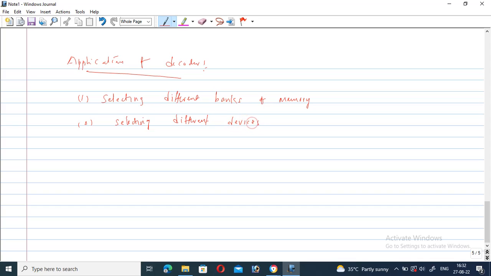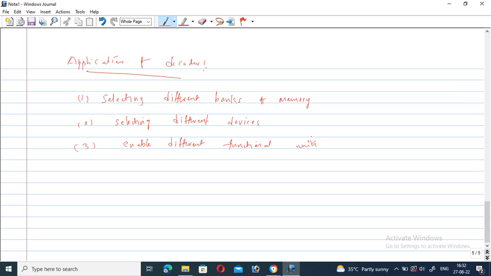In that also we are using decoders, and enabling different functional units. If you want to enable different functional units, we use decoders. We also use decoders for enabling different rows of memory depending on the address.